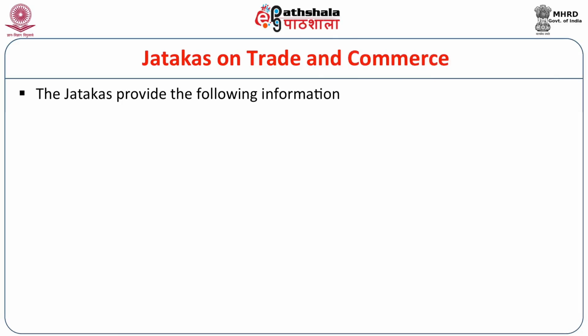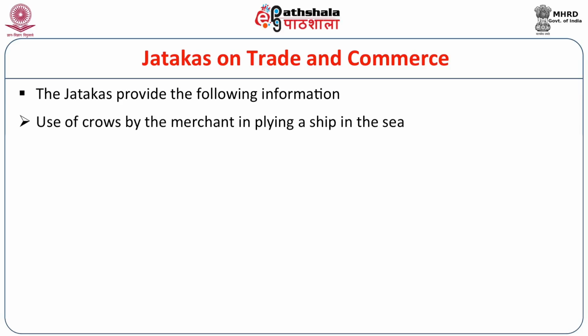In this connection, another type of information on trade and commerce we get from the Jatakas. Very significant. Number one, the use of crows by the merchant sailing ships in the sea. The crows used to fly to the land. A crow's habit is to go to the land according to its flying direction.